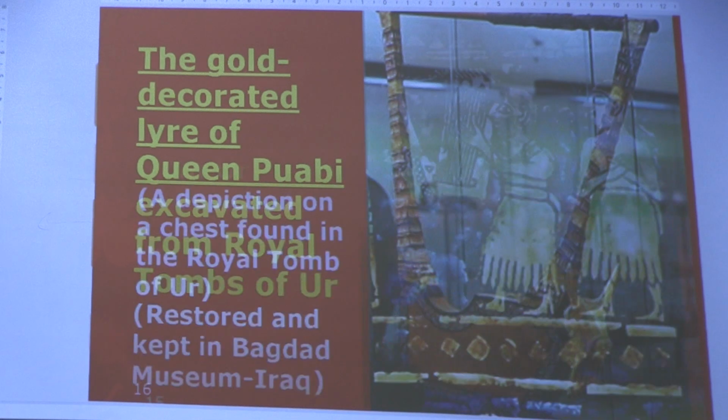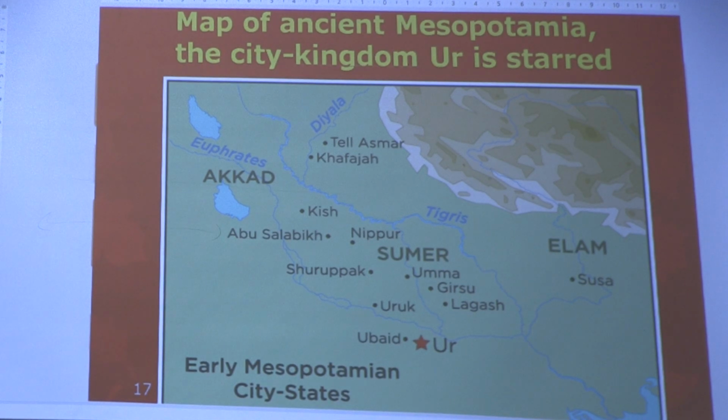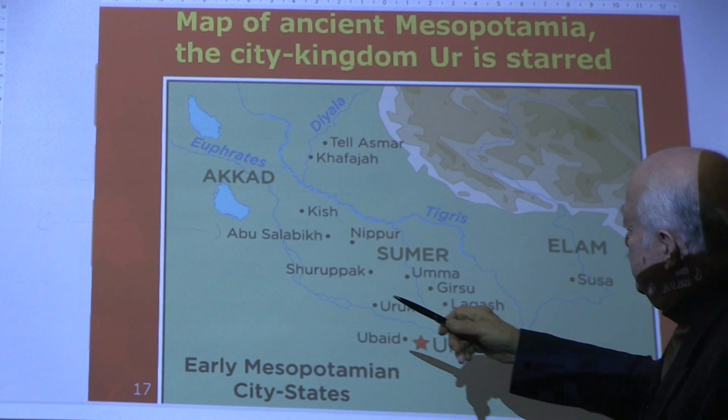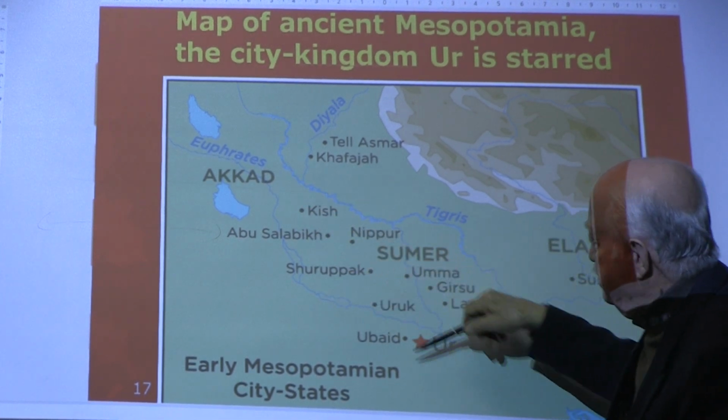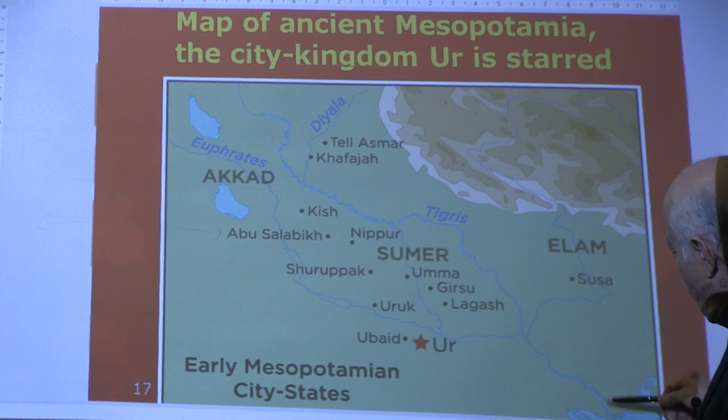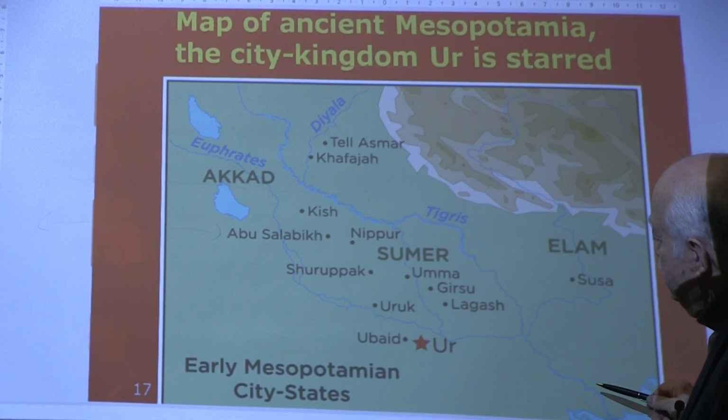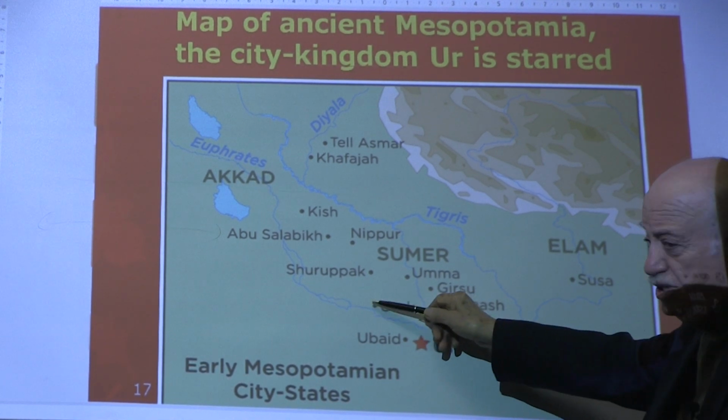Let me see if I have this statue. The map is here, yeah. Now this is the map of Mesopotamia. Tigris and Euphrates, reaching the Persian Gulf. Ur is here, Uruk is here.